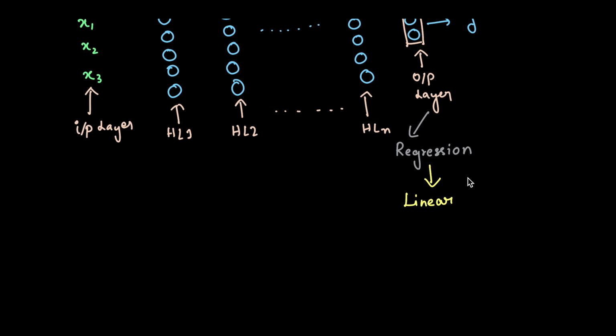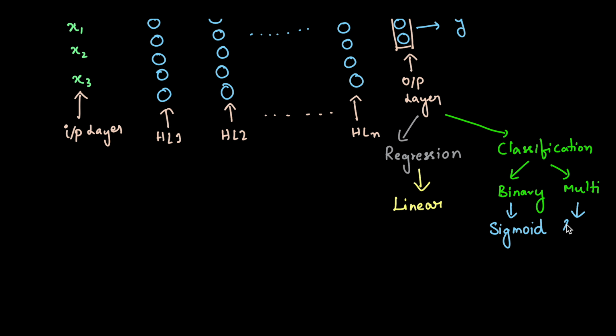If we are solving a binary classification problem, then we can use the sigmoid activation function. And if it is a multi-class classification problem, then we can use softmax. This we have discussed in the previous videos itself.